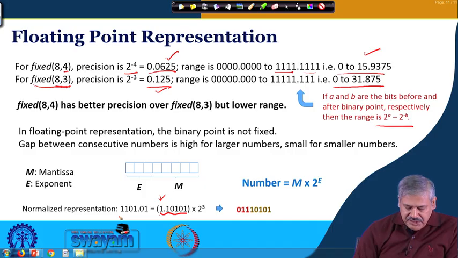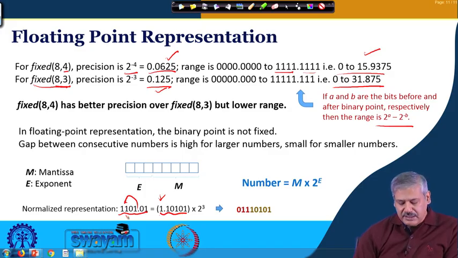So, if the original number is say 1101.01, we shall shift the number in such a manner that the binary point comes over here. So, normally only 1 will be present before the point. Okay. So, this is the corresponding number.